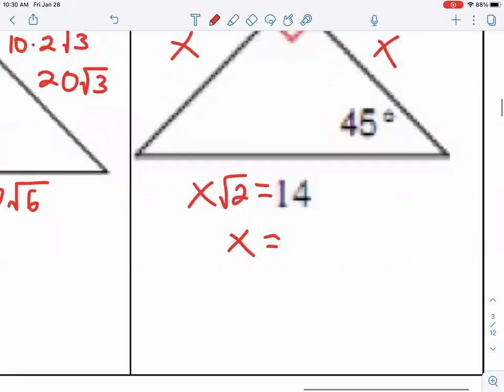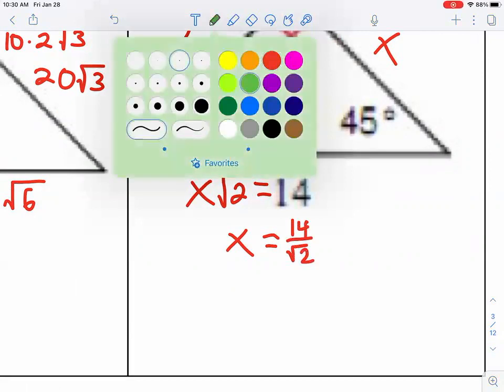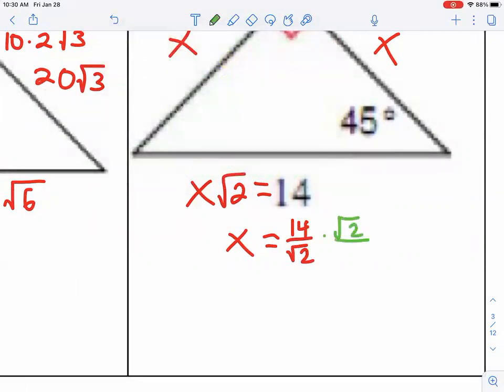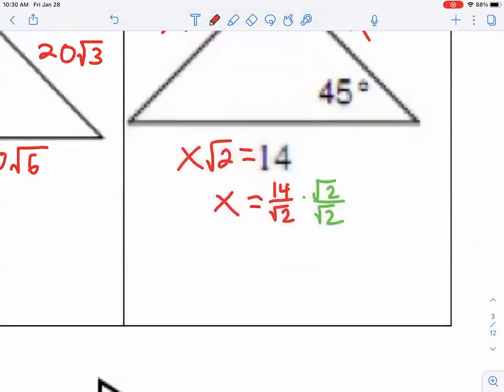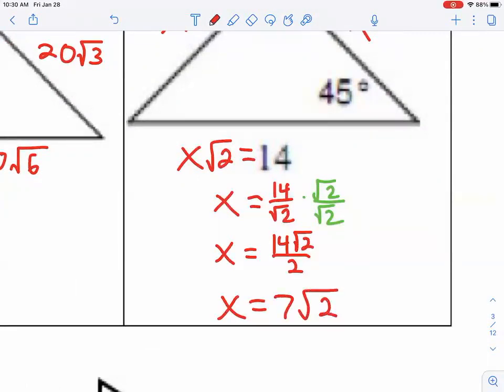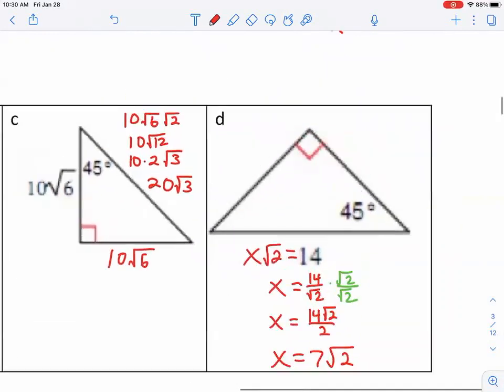So that's going to be 14 over root 2, which of course I'm going to have to rationalize, right? So now x is 14 root 2 over 2. Better known as 7 root 2. All right, so that means my two legs are 7 root 2.